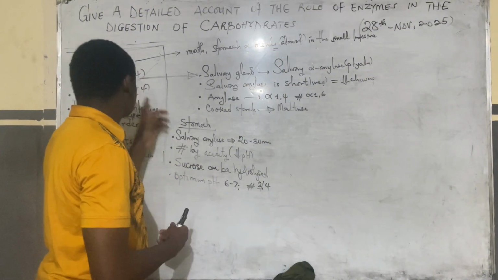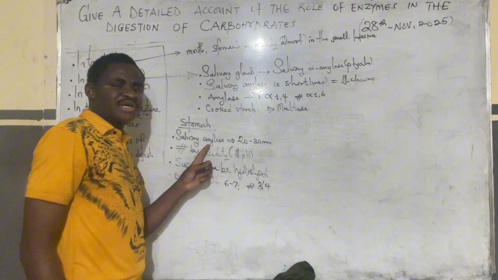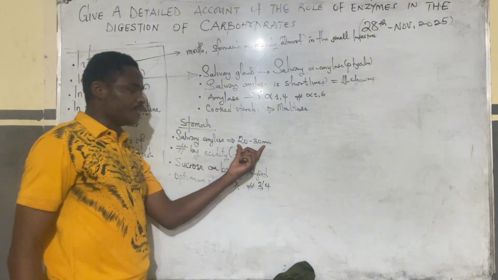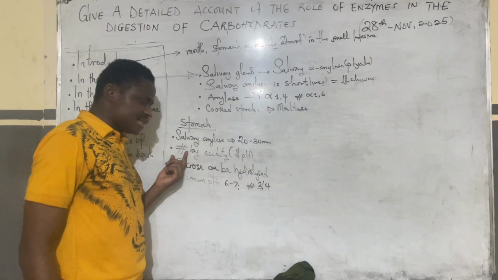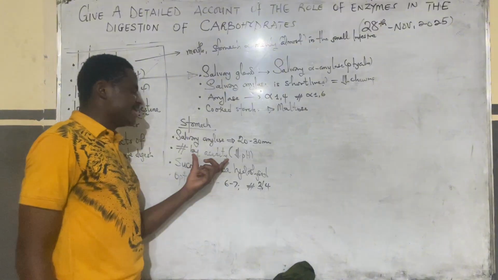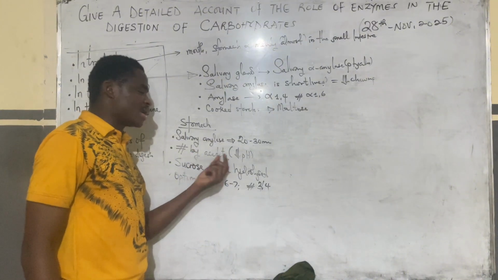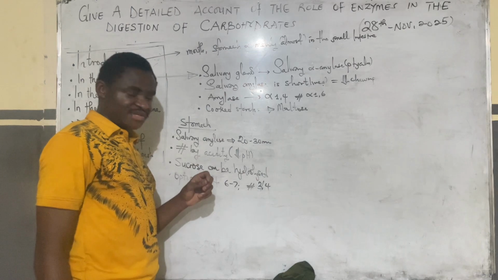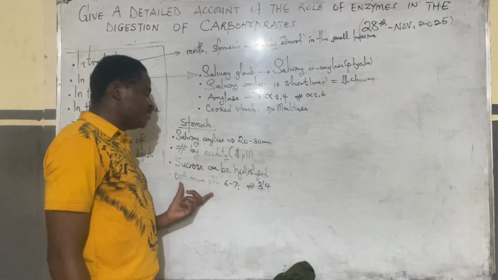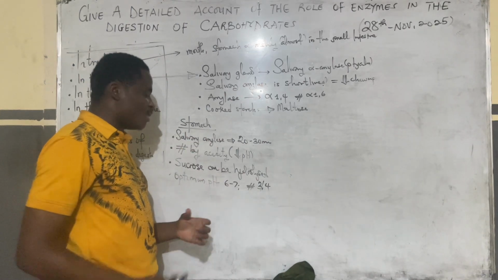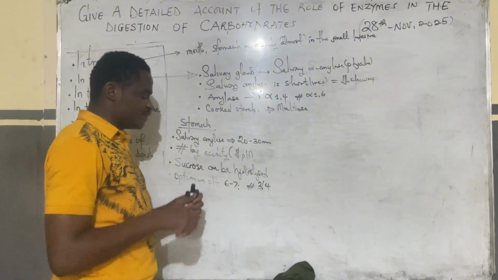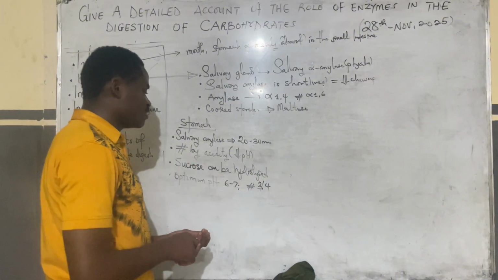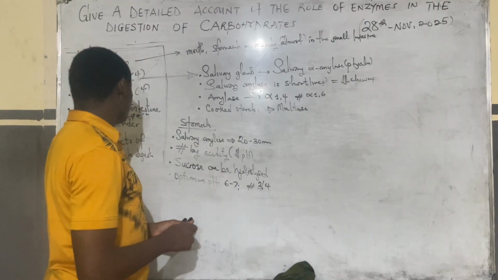So in the stomach, again, I've told you the major 4 points. Number 1, salivary amylase action will extend for about 20 to 30 minutes, and this is stopped or inhibited by the acidic environment in the stomach, or a falling pH. Sucrose can be hydrolyzed. And we have said the optimum pH of salivary amylase is about 6 to 7, and it is inhibited or stopped once pH falls below 3 or 4.